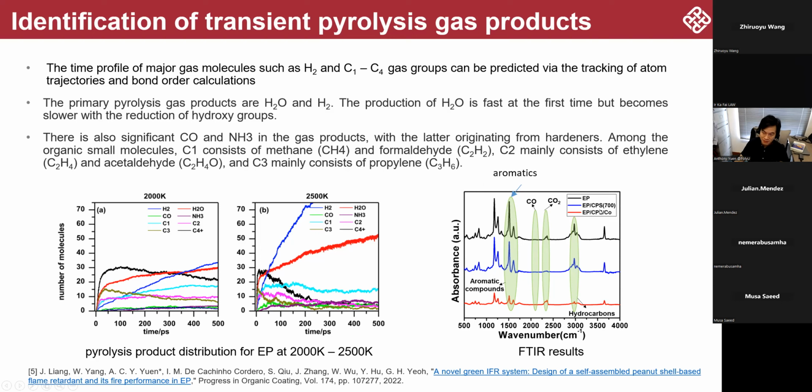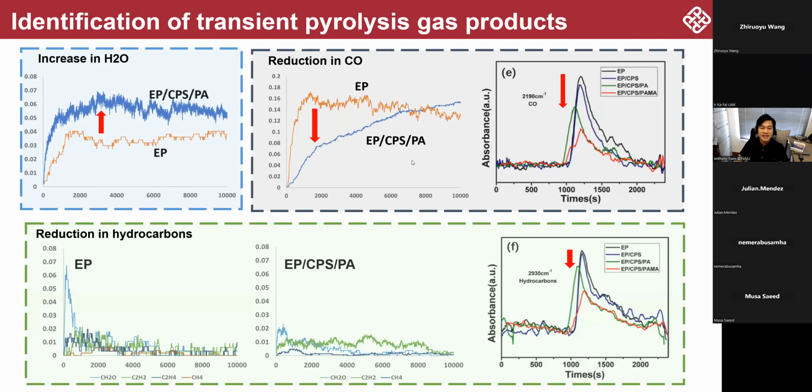If you benchmark with the carbonized peanut shell, we find that there's more response on the aromatics. And eventually, if we look into these details in, say, water droplet formation, we find that if we include the flame retardant, not only does it reduce the CO production, but mainly it increases the water vapor formation.